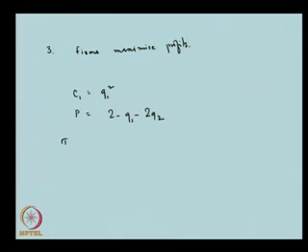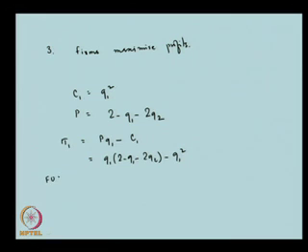Now let us suppose that pi 1 is firm 1's profit. This is nothing but P multiplied by Q minus the cost function, and this is (2 minus Q1 minus 2Q2) Q1 minus Q1 square. Now this is supposed to be maximized by firm 1.